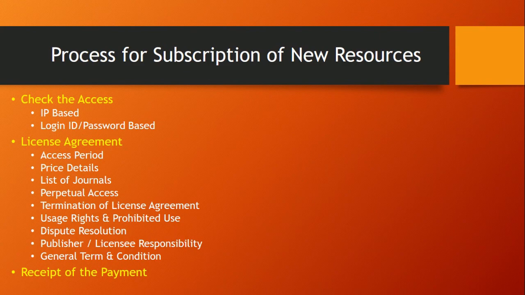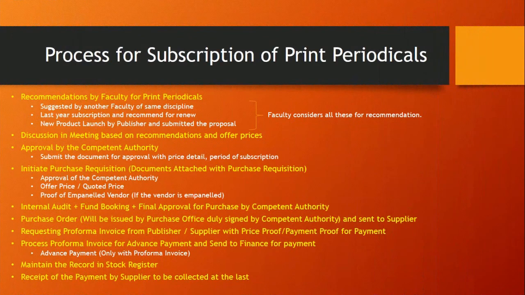Now we are going to see how to subscribe to the print periodical. Here it is very simple, but we need to understand the concept of print periodical procurement. If we compare print periodicals with book purchasing, there is a slight difference.